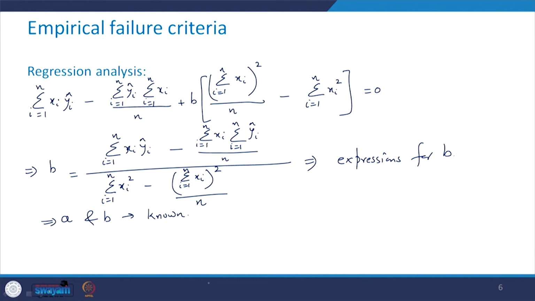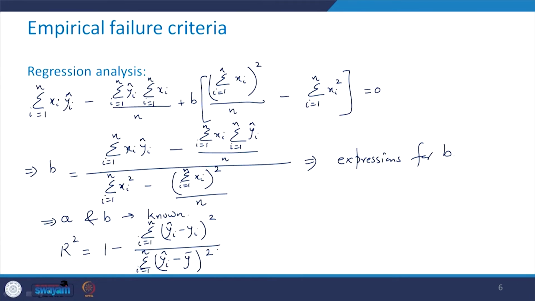Once it is known, I would like to see what exactly is the accuracy of that. For that I would define an index, that is R square, which is 1 minus summation of i equal to 1 to n (yi cap minus yi) whole square divided by summation of i equal to 1 to n (yi cap minus y bar) whole square.